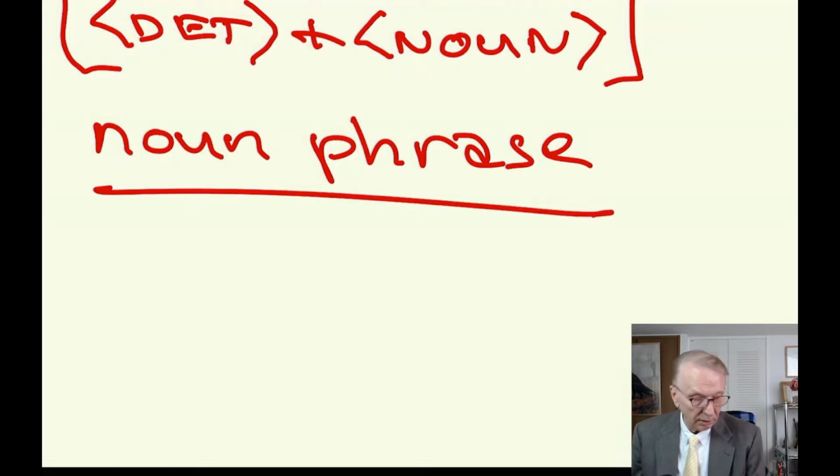This is a very important concept to keep in mind, because a noun phrase is one group. So we don't say my, pen, we say my pen, your pen, this pen, that pen. It's like the determiner and the noun become one word. This is very, very important.